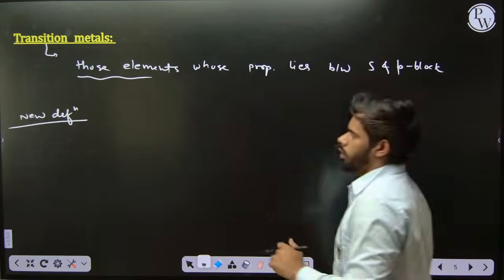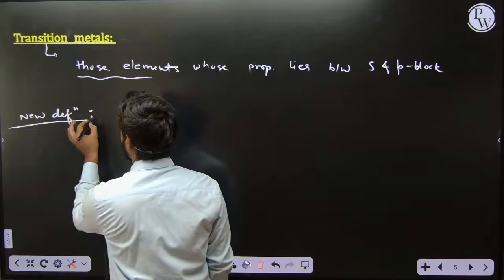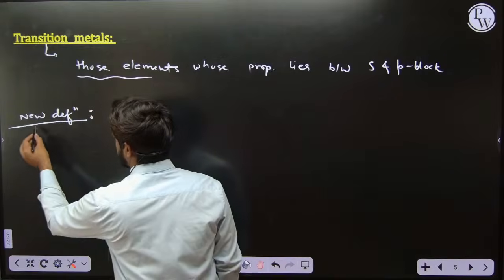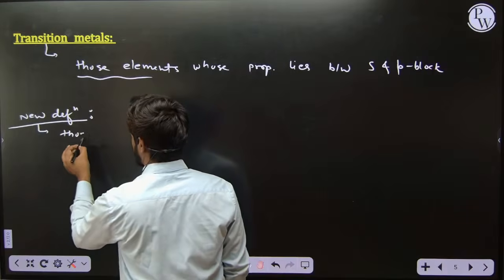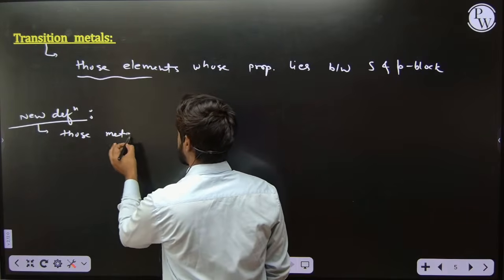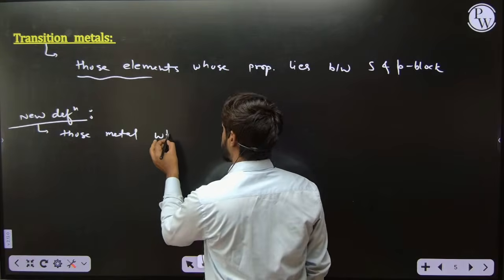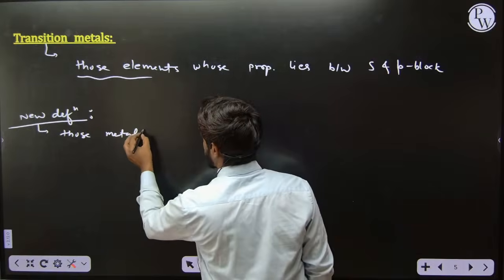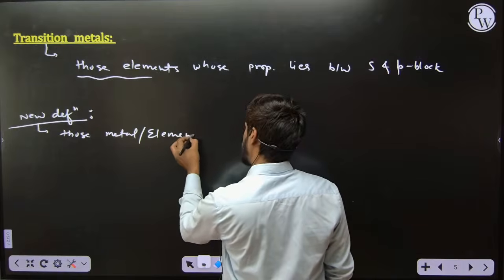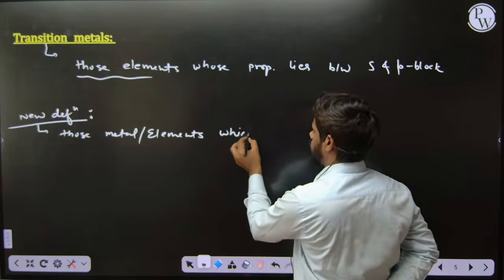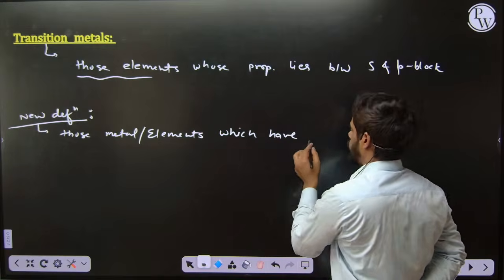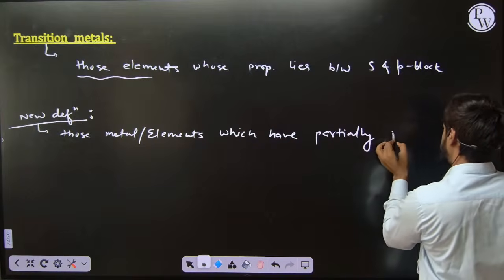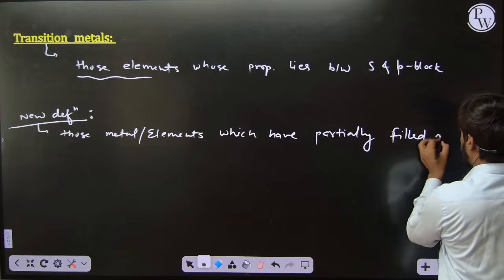What is the new definition of transition metals? Basically, those metals or elements which have partially filled d orbitals.